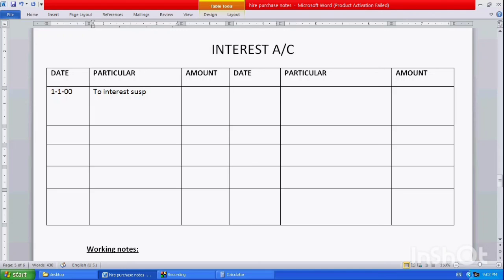What is the first year interest? 650 is the first year interest. 31st December 2000, by P&L, 650.